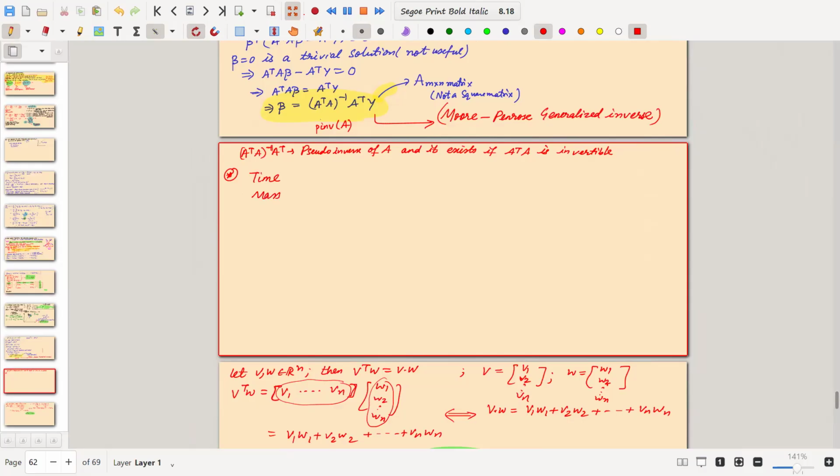This is X and this is Y. Suppose at time t equal to 5 units, it can be 5 minutes, 5 seconds or 5 hours, that we are not looking at here. Our idea is to practice least square regression. If the time is 5 units, then the mass was 40 grams. When the time was 7 units, the mass was tripled, 120 grams.